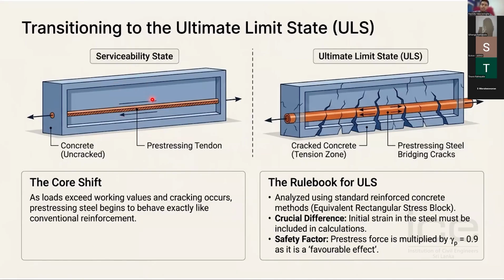But when it is failing, it will not fail if it is fully subjected to compression. Eventually, the bottom part will be subjected to tension and the bottom concrete will be cracked. And now the tensile stress will be carried by the reinforcement, just like the reinforced concrete beam, and the top part will be in compression. So at the ultimate limit state, this is the condition.